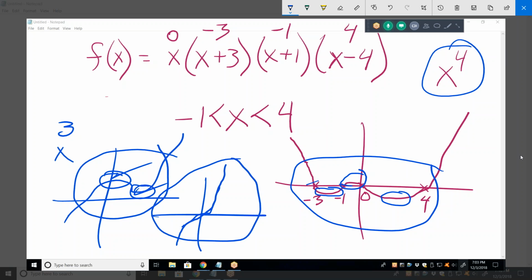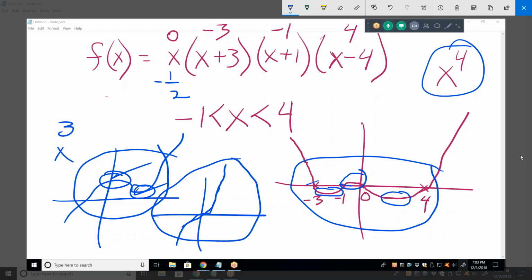I'm thinking for a second. Let's see. Yeah, it appears that right below or right to the left of 0, it would be positive. So let's try minus 1/2 in there.